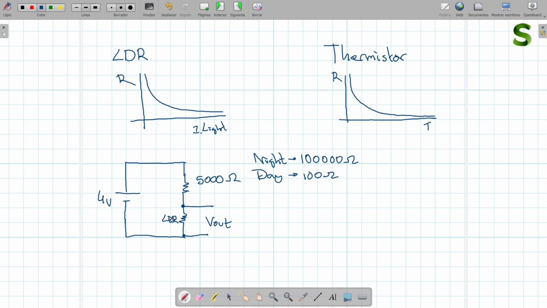If we put the LDR where we considered R1, and this was R2, we're going to see what happens at night. So at night, V out is going to be 4, which was the V in, multiplied by R1, which was 100,000, divided by R1 plus R2, which was 100,000 plus 5,000, 105,000.